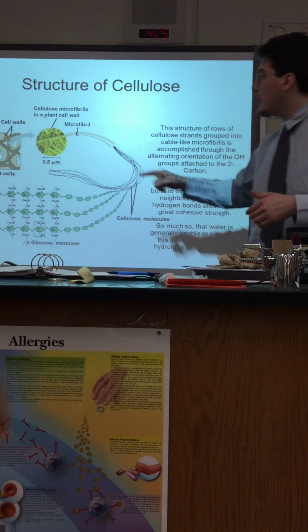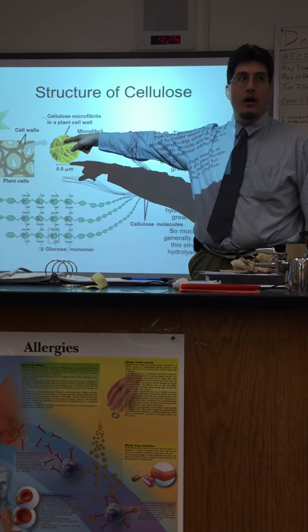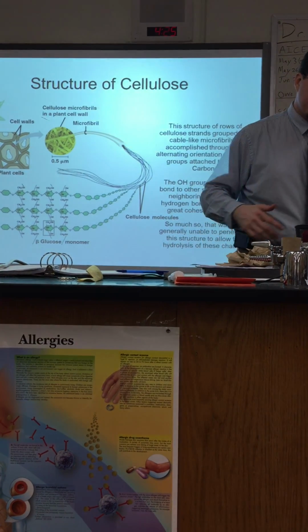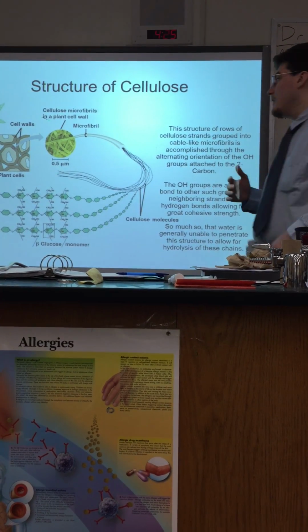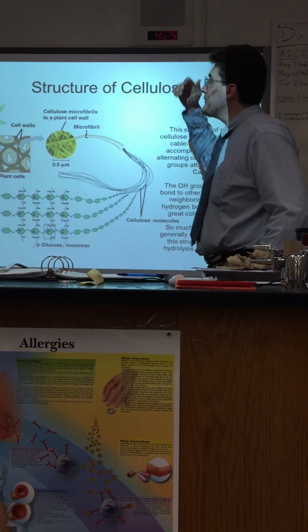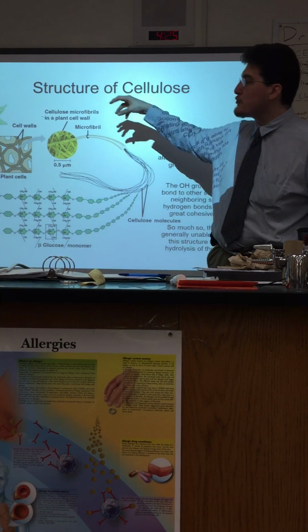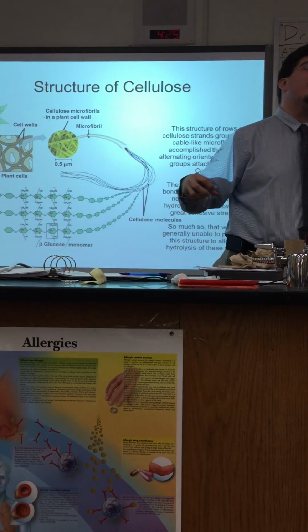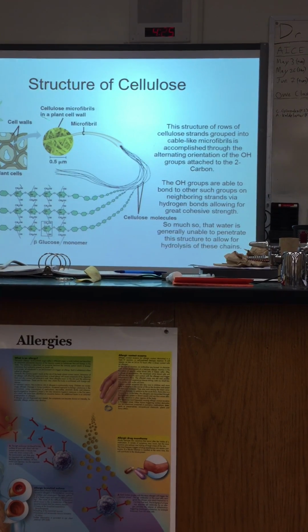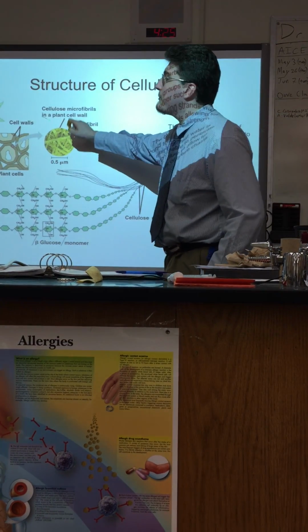And water can just go right through the meshwork. But water cannot interact directly with the individual fibers themselves. The individual fibers themselves are watertight, but the spaces between the fibers are not.